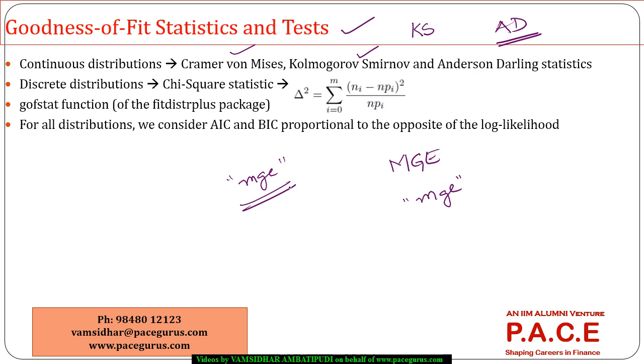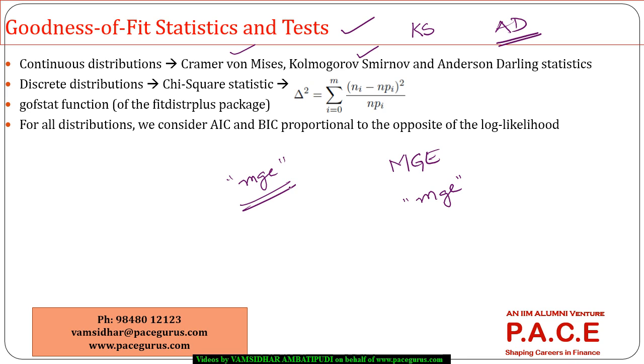Whereas when I am going ahead with the continuous distributions, I can rely on CVM, Kolmogorov-Smirnov. Here in this case, this is the continuous distribution. So I could very well look at any one of these three and find out which one has a much better GOF, right? I could try CVM, KS, Anderson-Darling.